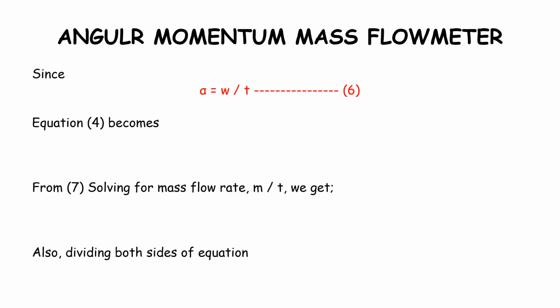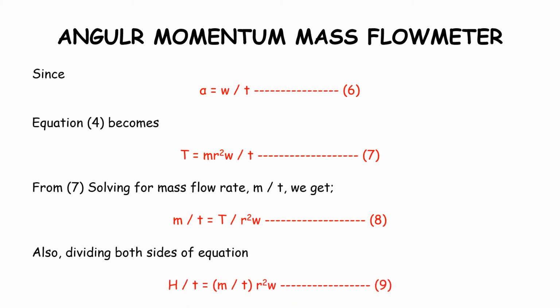Since alpha is equal to omega by t, equation 4 becomes m r squared omega by t. So solving 7 with the mass flow rate m by t, we get m by t is equal to T by r squared omega. Dividing both sides of the equation, we get H by t, m by t, r squared omega.